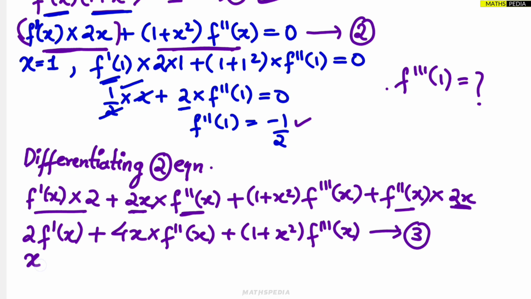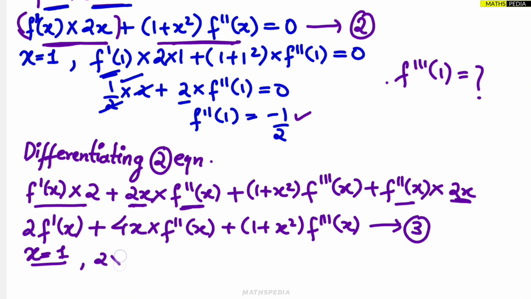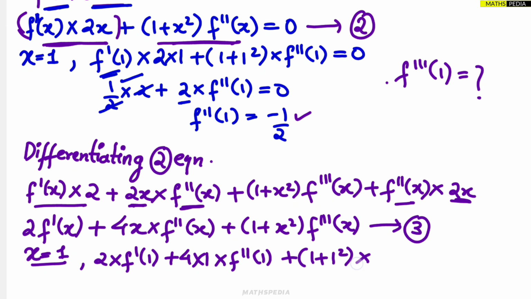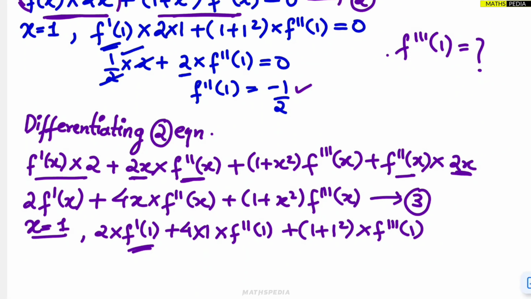Now here we'll be substituting x equal to 1. So it will be 2 into f dash of 1, plus 4 into 1 into f double dash of 1, plus 1 plus 1 square into f triple dash of 1, equal to 0.